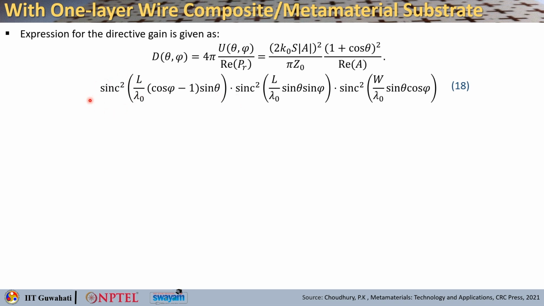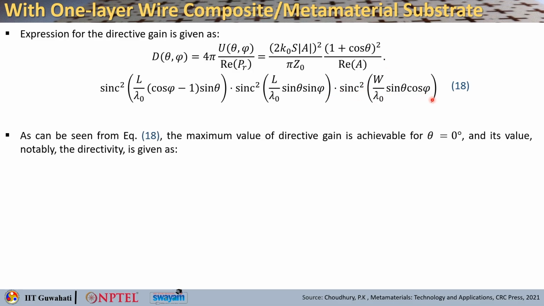So, the 3 functions are basically sinc square. This is sinc square L by lambda naught sin theta sin phi times sinc square W by lambda naught sin theta cos phi.